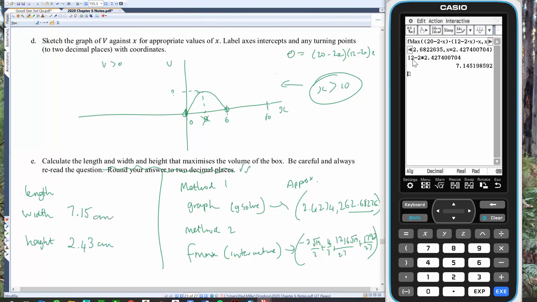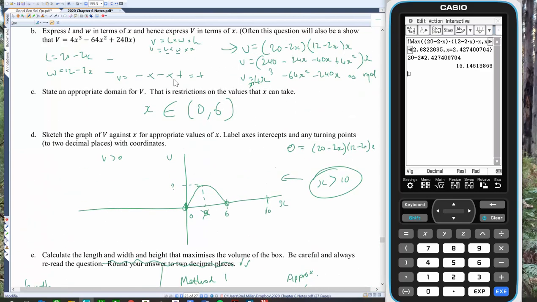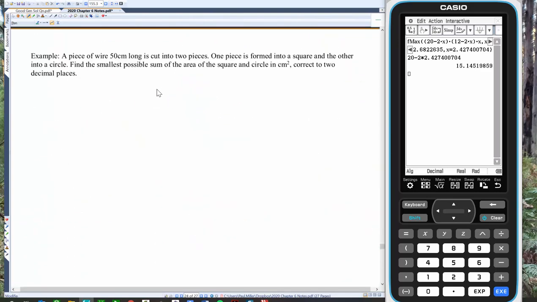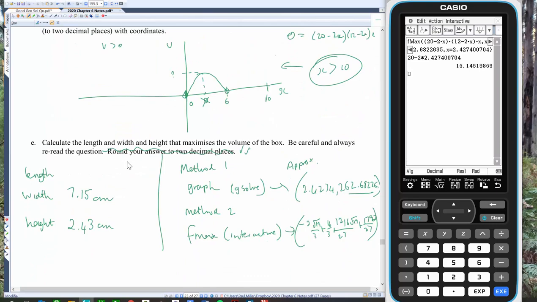Now the length was similar. I think it was 20 from memory. Yeah, 20 take 2x. Okay, and so that one is 15.15 centimeters.